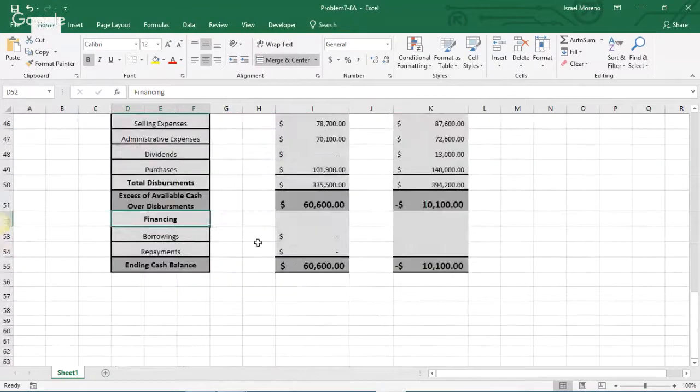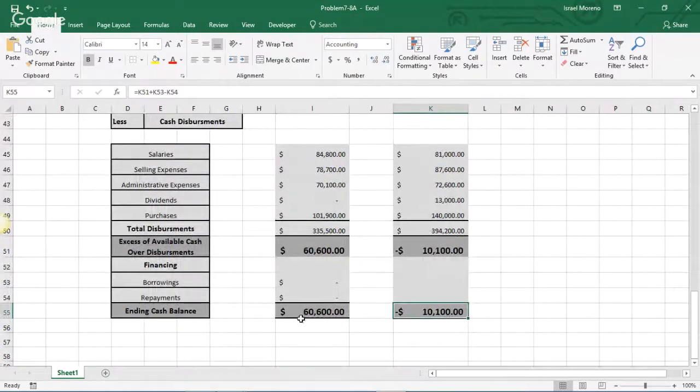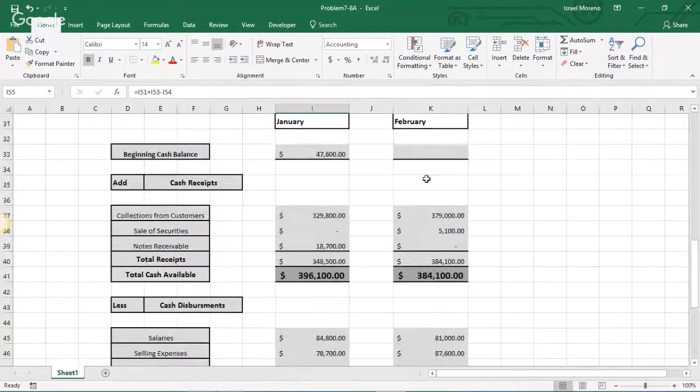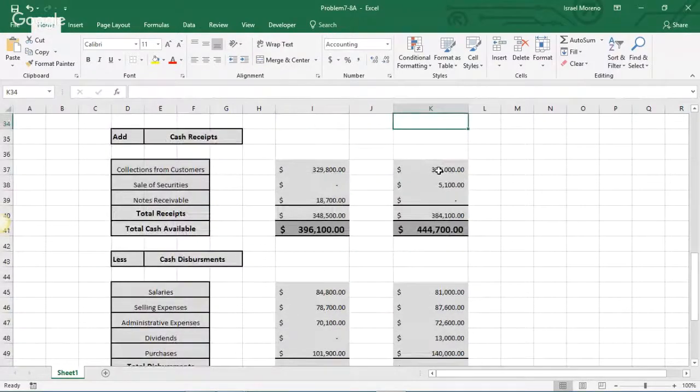So this is more than that. So the company doesn't need to borrow, and we don't know if they have to repay anything. But for now, we're going to leave it at zeros in there because we don't need to borrow to get to that minimum cash balance that the company wants to have. So now we have the ending cash balance for January, and we just put it in February as the beginning cash balance.